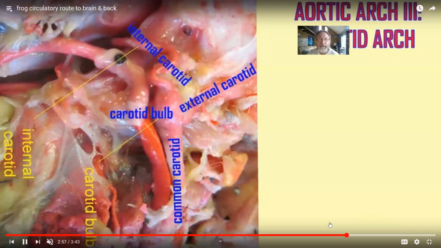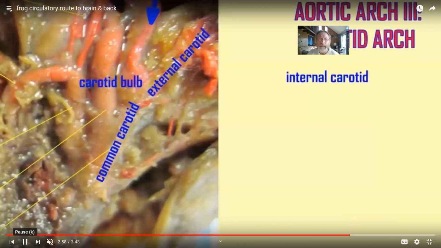Just identifying some of these blood vessels in the frog, you can see that there is a common carotid. That was that third aortic arch. And then right where the branch occurs, you see the swollen area, the carotid bulb, where those sensors, which are sensing how much carbon dioxide is there in the blood, are located.